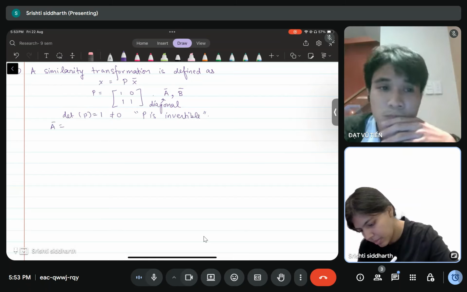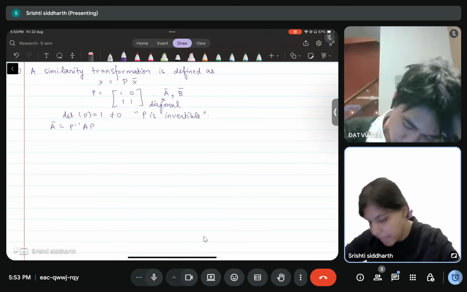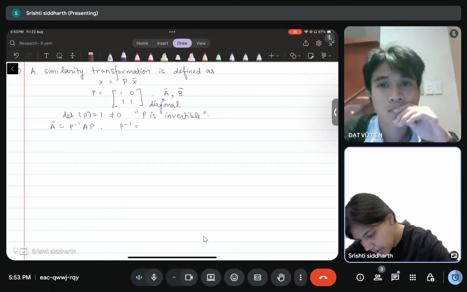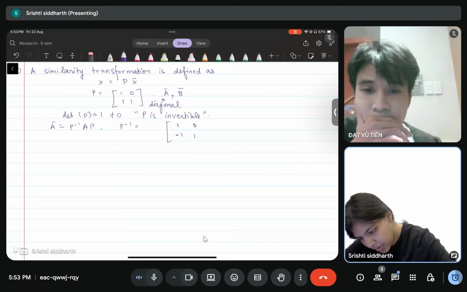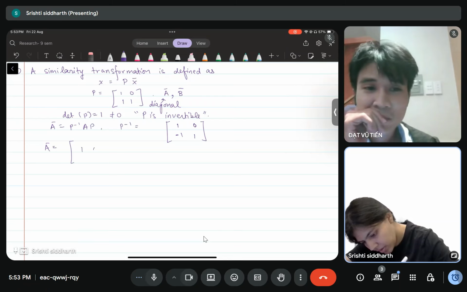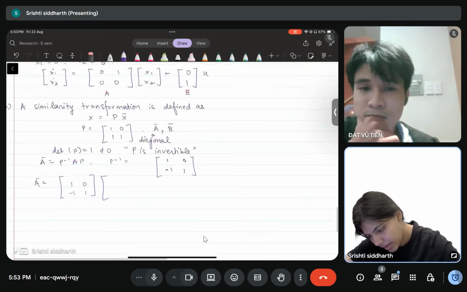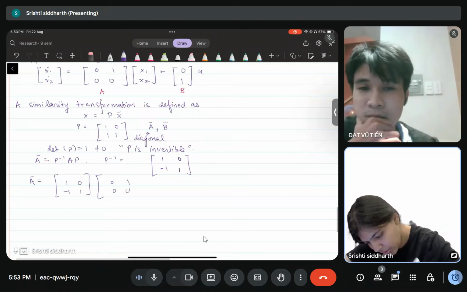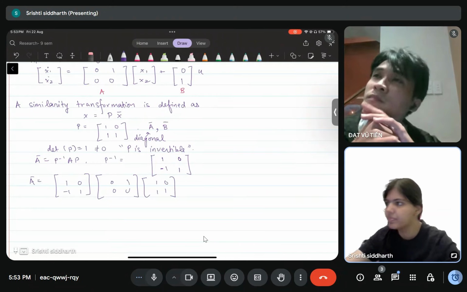A bar is P inverse A P. Inverse is simply determinant times 1 0 and minus 1 1. Okay. So A bar is going to be 1 0 minus 1 1, then A is 0 1 0 0, then 1 0 1 1.